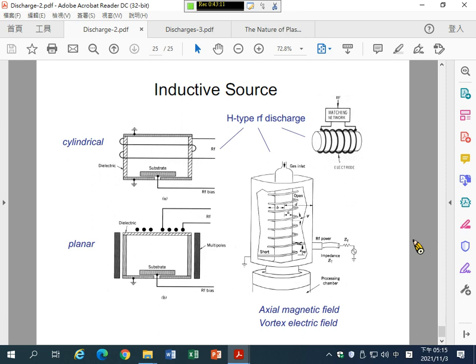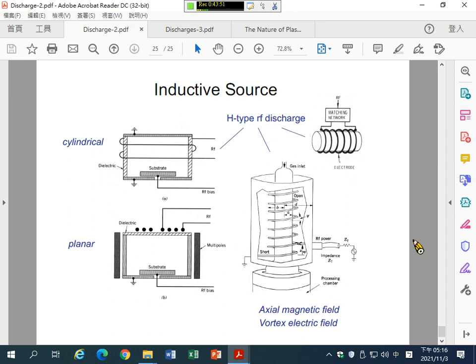In this type of plasma, you can flow gas from the top, let the gas flow down and come out from the bottom, and you can apply the RF power through the coil and generate the plasma inside. Usually you need a very high gas pressure to pass through the quartz tube, so that the plasma generated belongs to thermoplasma.